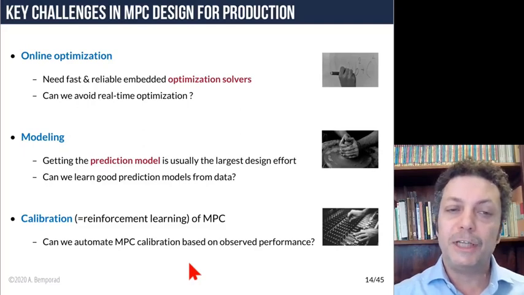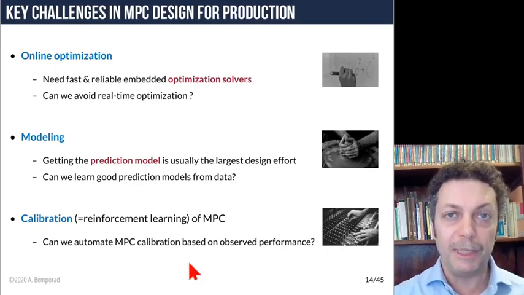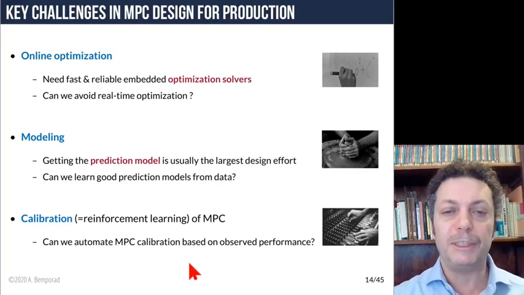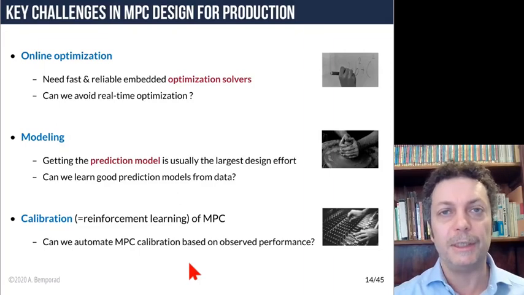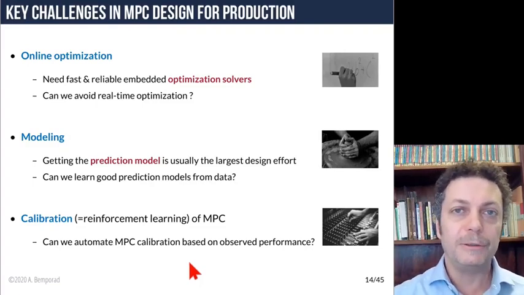And then the second challenge is modeling. Usually most of the time to develop an MPC controller is taken by getting the right prediction models to use in MPC. And the question is whether we can shorten this model development time, for example, using data and black-box identification tools. And also calibration.